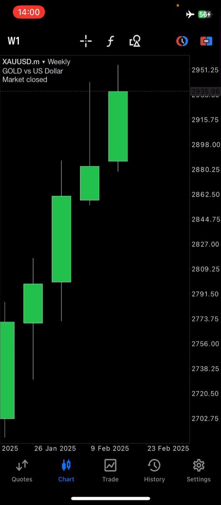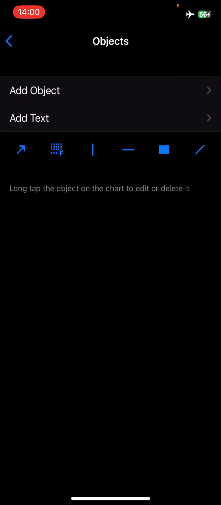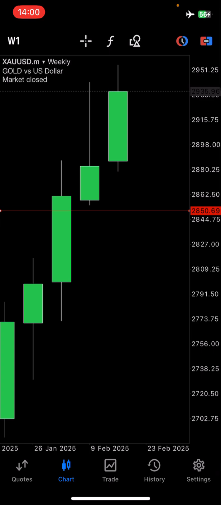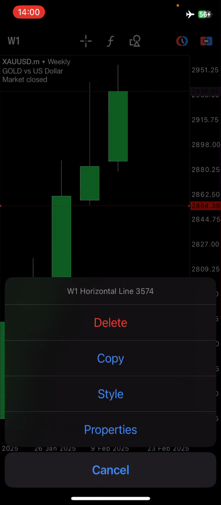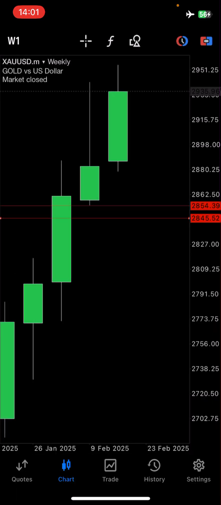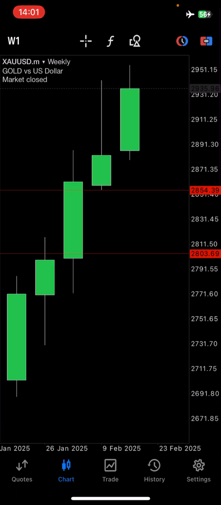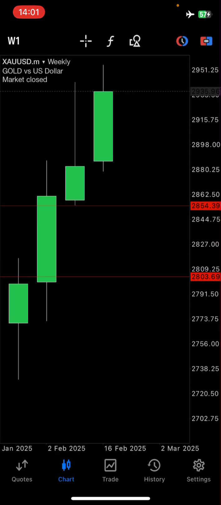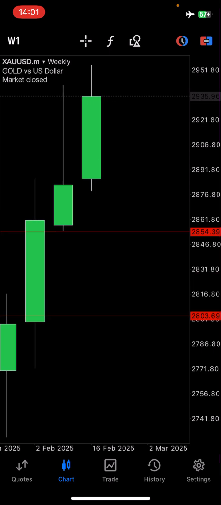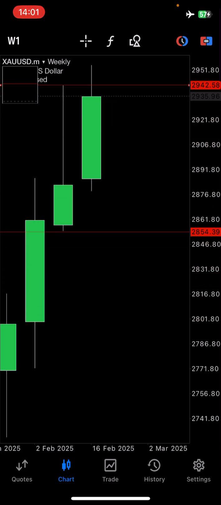So if you open your weekly time frame like this, what you're going to do is mark the previous week's low, the low of the previous week's candle. Mark it like that, and then mark also the high. Mark the high of the previous weekly candle like that.